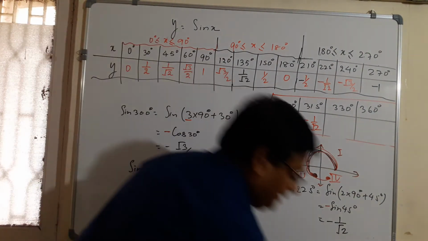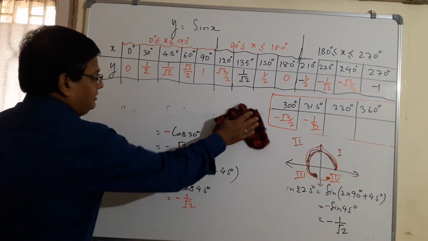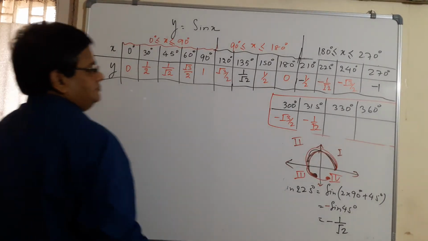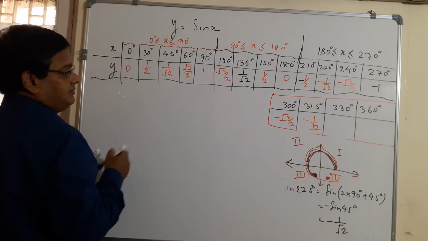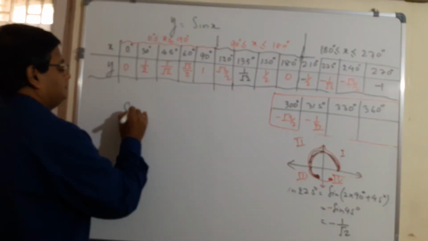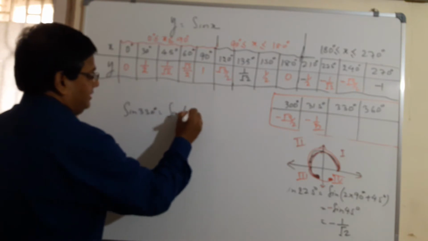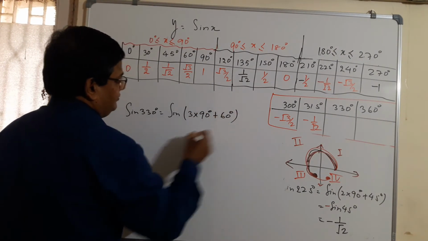Now sine 330 degree. Now I am going to find out sine 330 degree. Sine 330 degree is sine of 3 into 90 plus 60 degree.